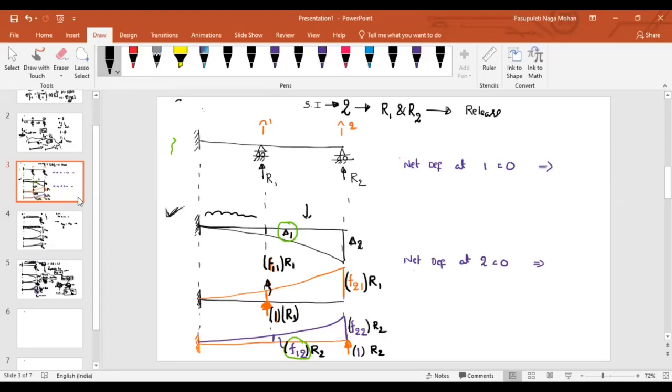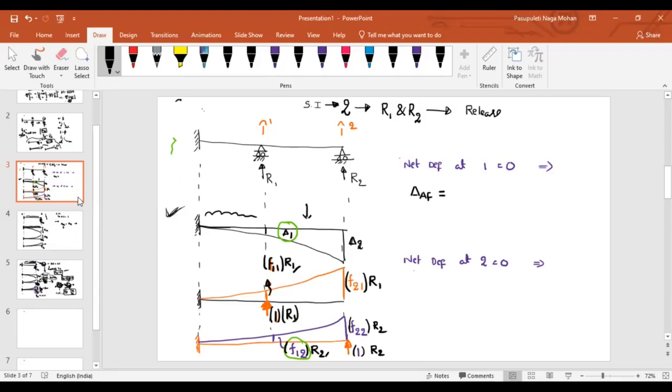Right? So here is the deflection at 1 due to applied forces, due to the reaction at 1, and due to the reaction at 2. Now what is the net deflection that I can write down here? The deflection at 1 due to applied forces will be equal to, instead of making everything 0, I'm making this and this equal.